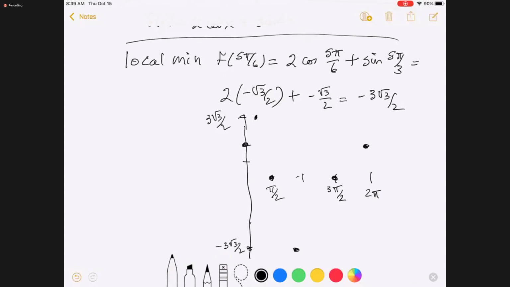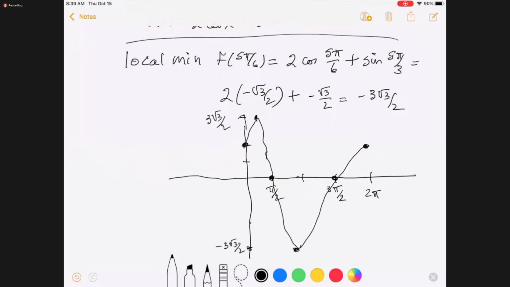Okay, draw my axis back. So the graph goes up, down, up, basically. Now this is crude.